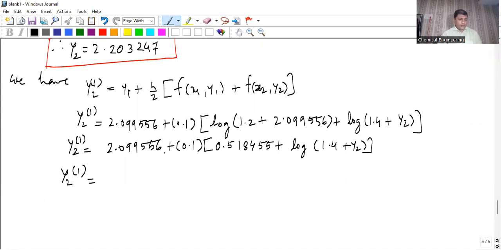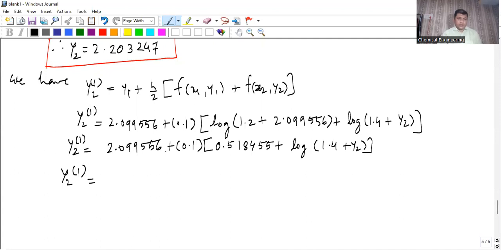So what do you got here? 0.051845 plus log of 1.4 plus alpha y, bracket complete, bracket complete.